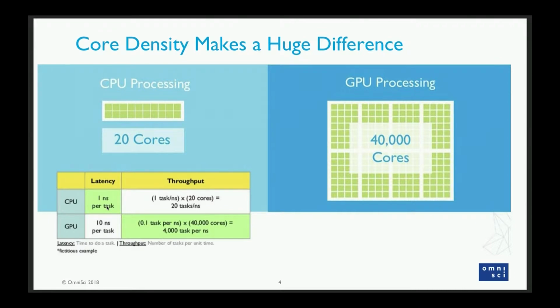But the very fact that we have thousands of GPU cores versus tens of CPU cores means we can achieve far greater, almost 200 times more tasks per nanosecond.